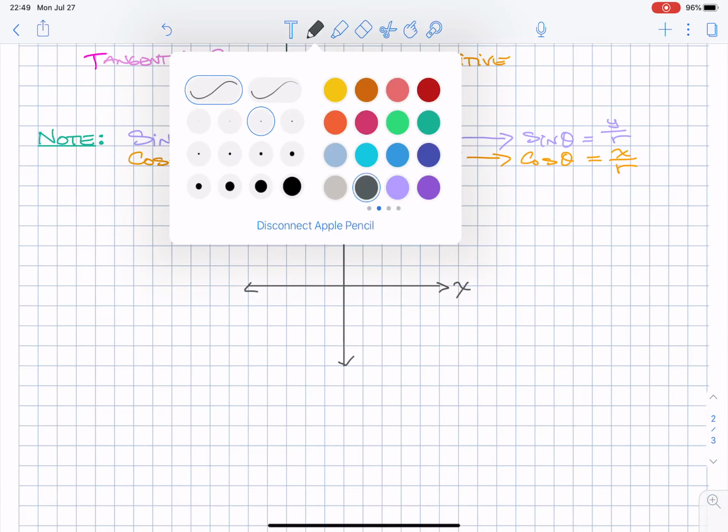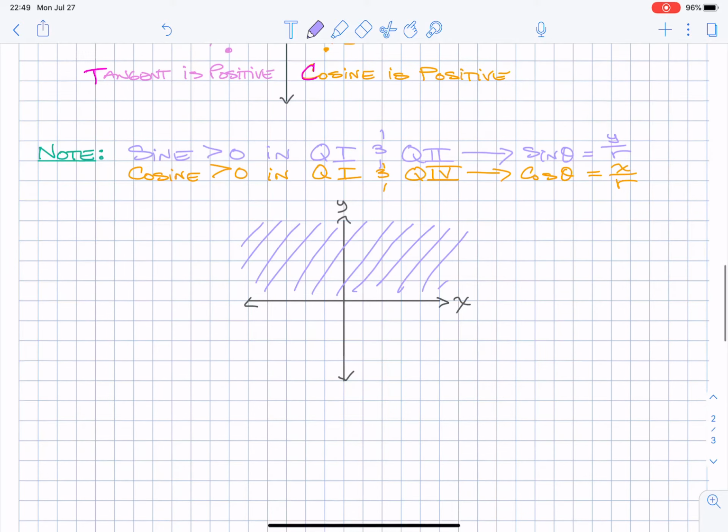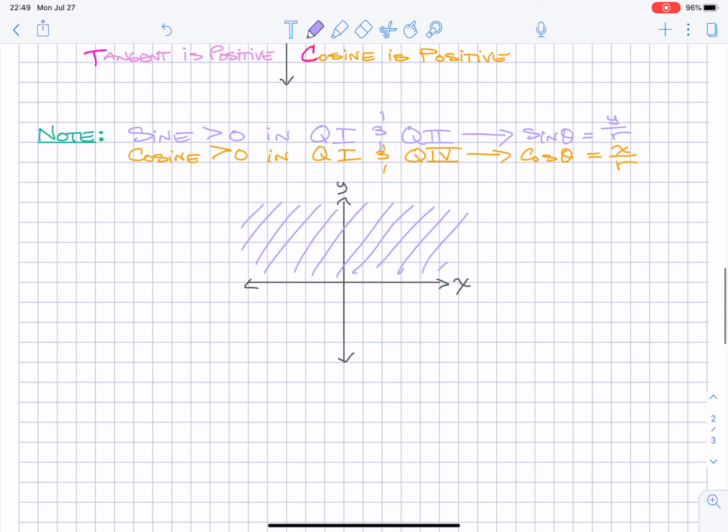Maybe one day. So here's x and y. So I know that sine is greater than 0 in quadrants 1 and 2. No, what am I saying? Yes, it is. Yes, the y-axis, right?